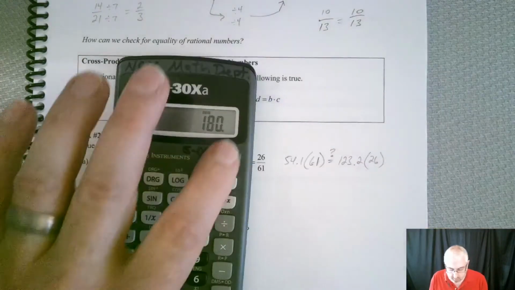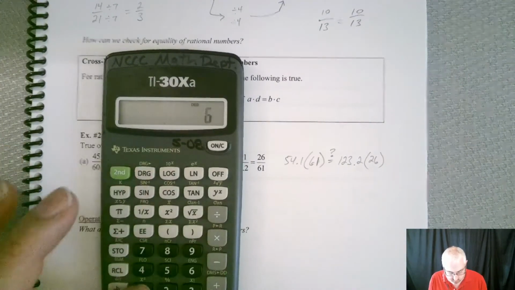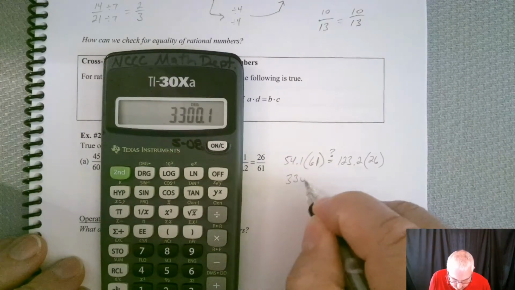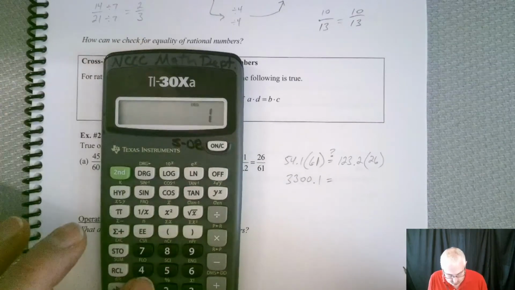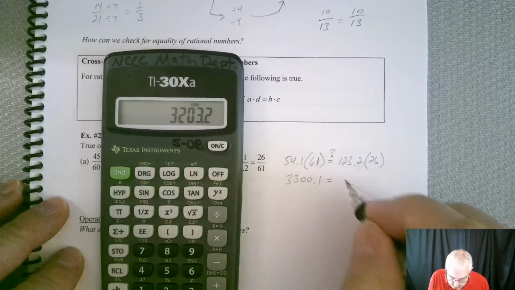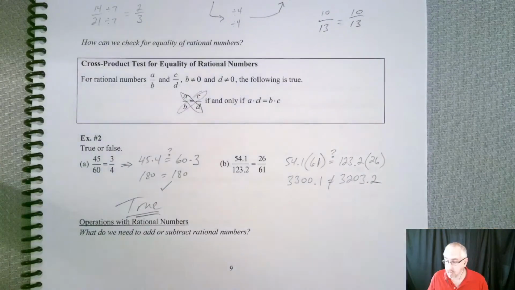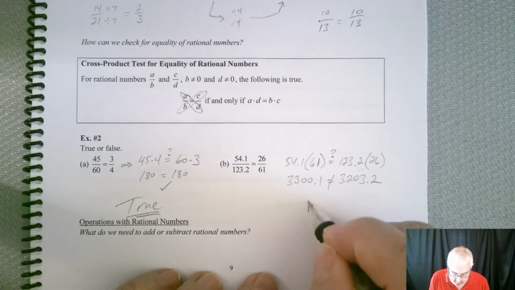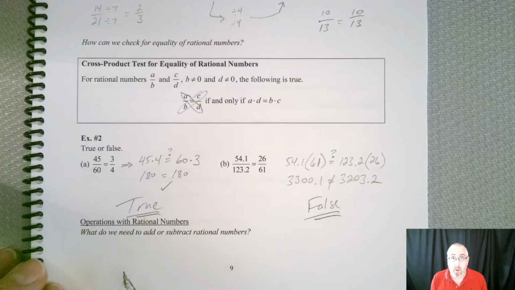Well, let's see what we get on this one. 54.1 times 61 equals 3,300.1, and 123.2 times 26 equals 3,203.2. So they're not equal to each other, so this would have to be false. So pretty quick. A couple multiplications and you can quickly check to see if two fractions are equal to each other. All right, so far so good, hopefully.